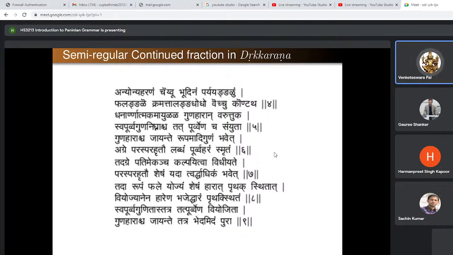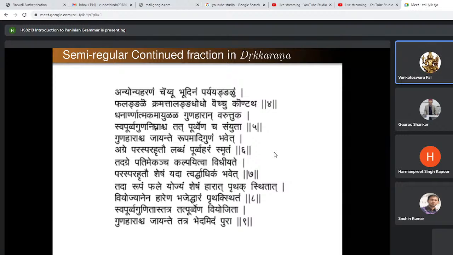Except for one part. Here Anyonya haranam means you have to mutually divide. Bhudina and Paryaya here refer to the number of revolutions. Bhudina refers to the number of civil days. Phalangale means the results. Kramattal adhodho means one has to keep these results one below the other.